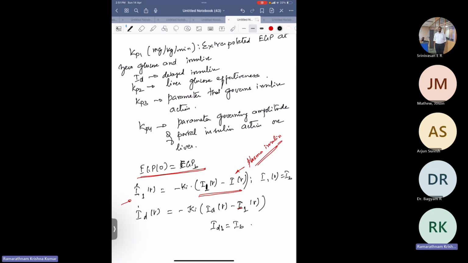So then the delayed insulin production, which is available for endogenous, is also given by that kind of difference. Many times you will see that this kind of difference equations are used, and here again, that's the difference. Ki is that rate constant.